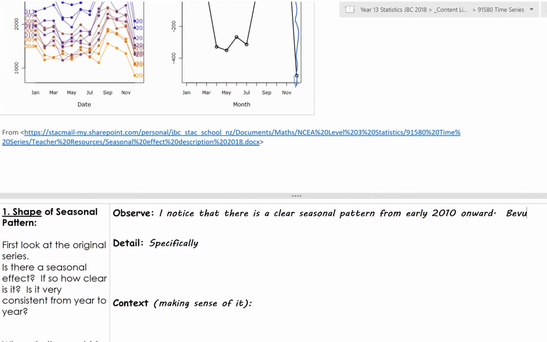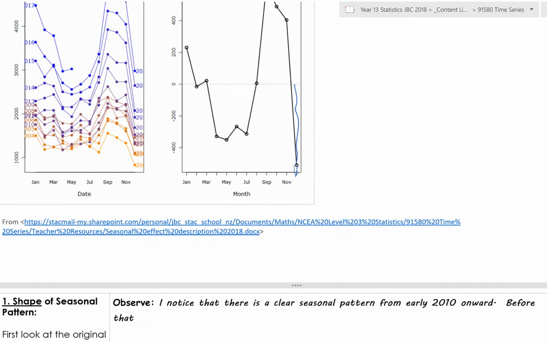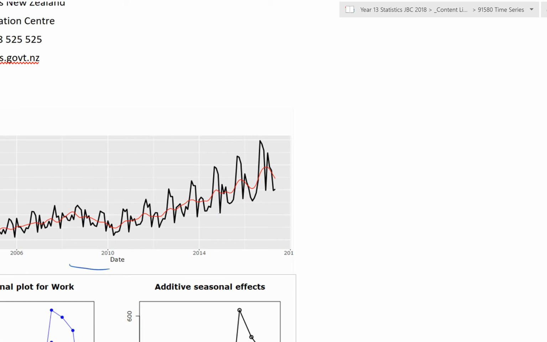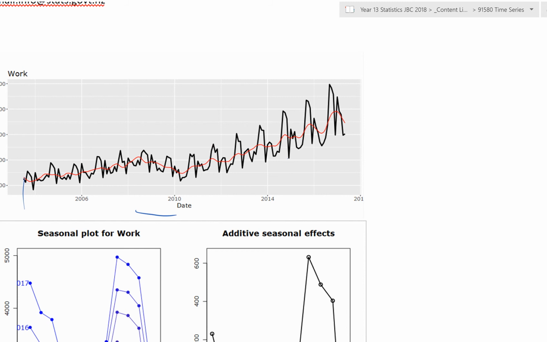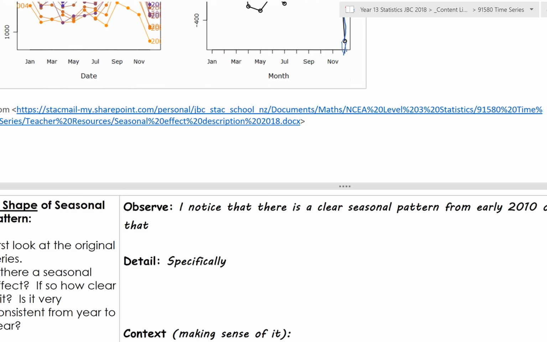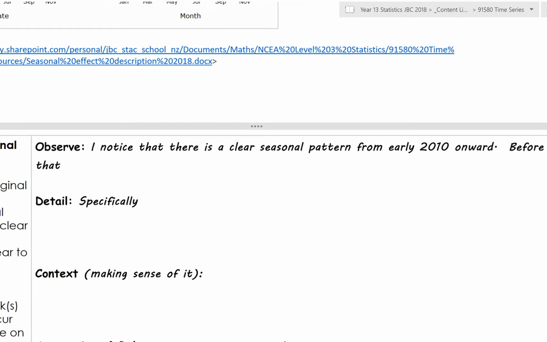Before that, let's see what I notice before that. Well, there might be a seasonal pattern, but it's certainly not as clear. We would have already talked about how there's a change in the trend around the same time. So something must have happened to completely change the patterns in arrivals for working purposes to New Zealand around the start of 2010, which is something we'll be looking into later.